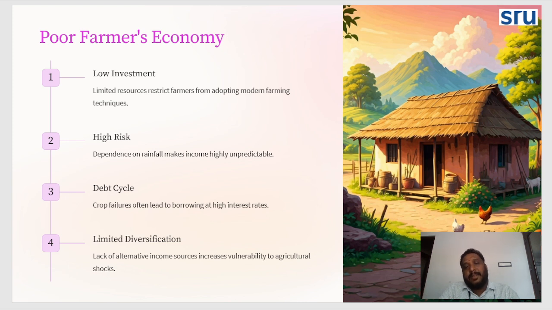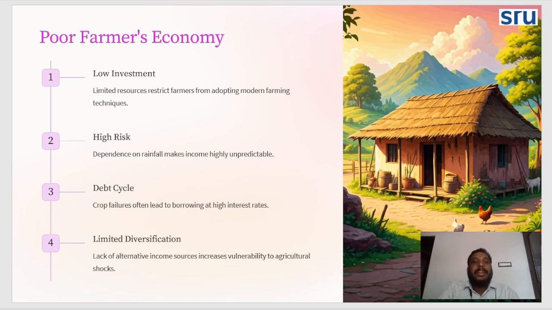But if there is less rainfall, some climatic hazard, less yield or a complete failure of rainfall, again that farmer is debt-ridden. This leads to less investment and high risk also. It affects the mindset of the farmer, so he does not go for challenging or risk-taking ventures, or buying modern machinery for his agriculture.